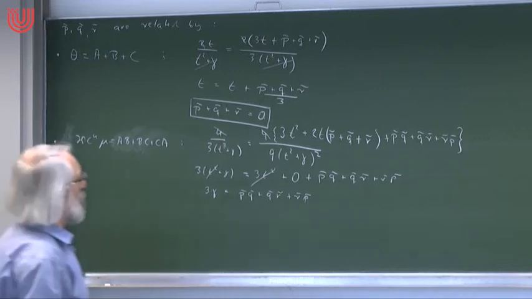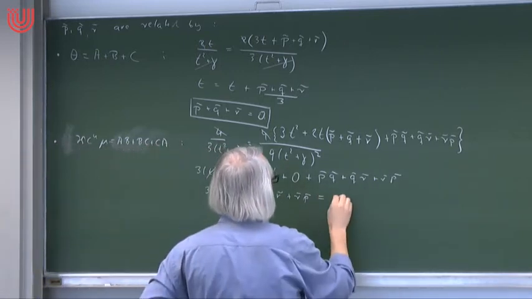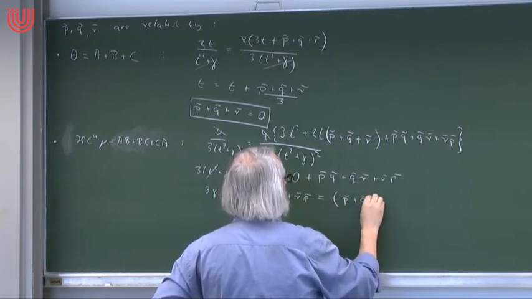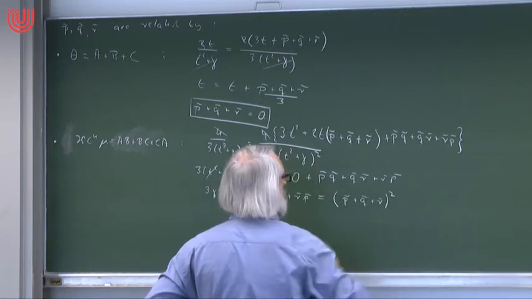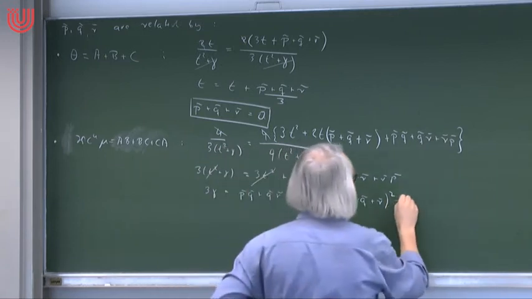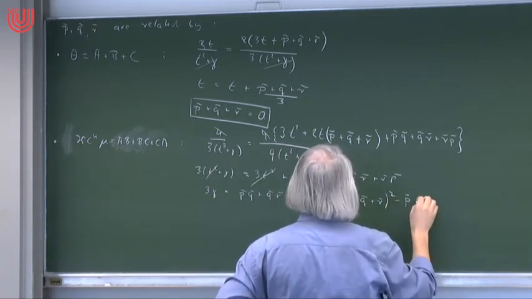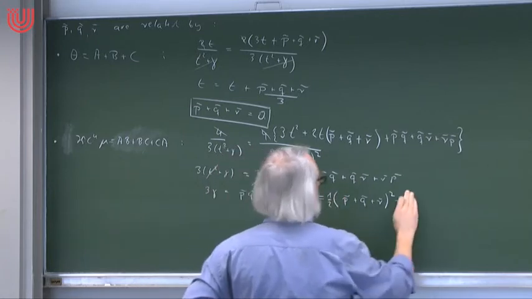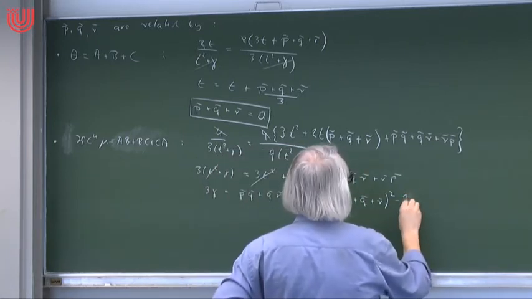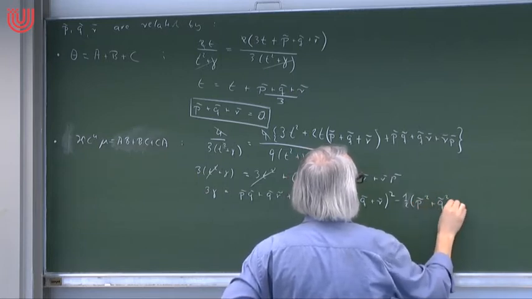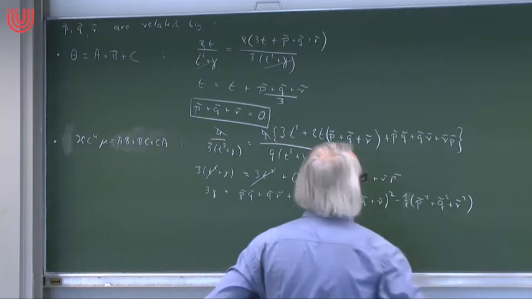And what we have on the right hand side can be written in the following way. I can write this as (p̃ + q̃ + r̃)² minus 1/2 (p̃² + q̃² + r̃²).